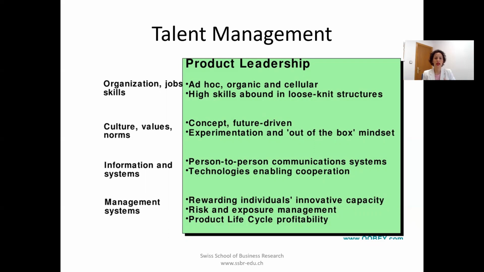In terms of the culture, it's more of a concept, future-driven approach. There's a lot of ideas. There's lots of out-of-the-box mindset. There's lots of experimentation, brainstorming, and anybody can be adding to these ideas, whether it's the intern that has just started or somebody in top management.